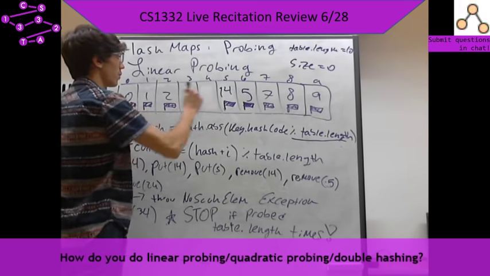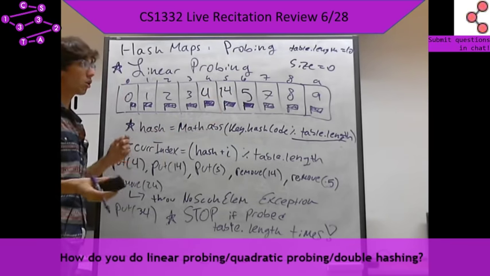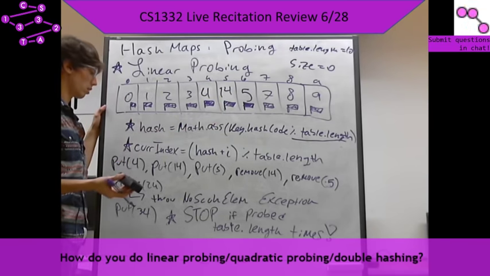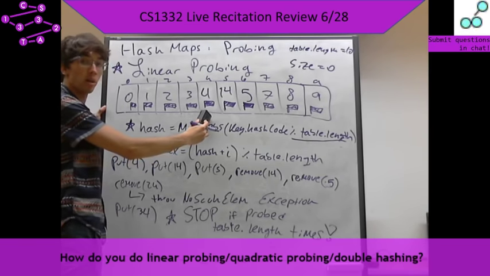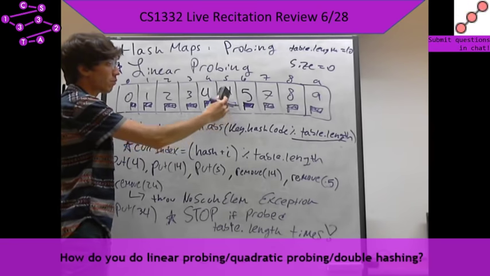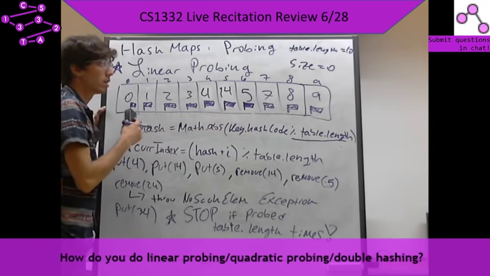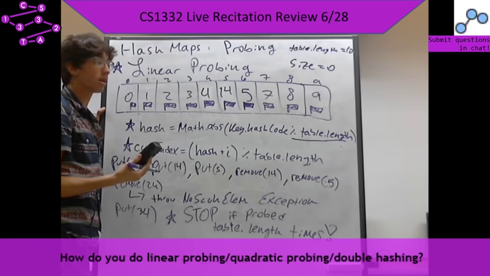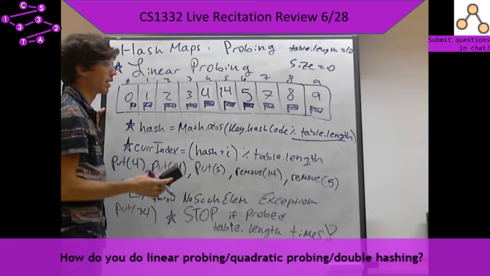Now let's look at the remove example. Say we remove 14, which initially maps us to 4. When we then probe and see 14 flagged as removed, we don't have to keep probing until we hit null or probe table.length times. Neither of those is necessary.